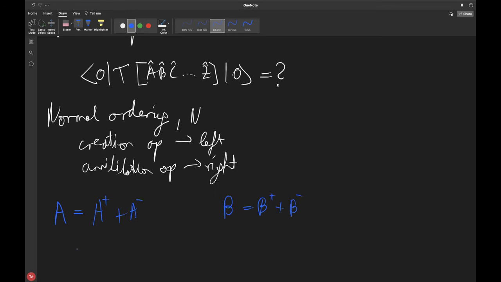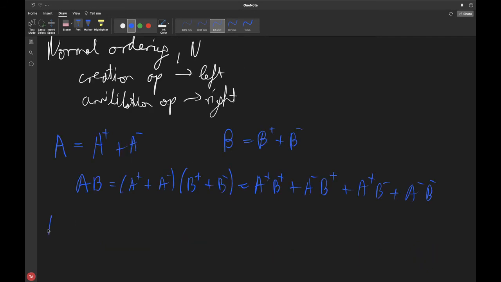So if I look at the product of these two, A times B is the same as A plus plus A minus multiplied with B plus plus B minus, which will lead to A plus B plus plus A minus B plus plus A plus B minus plus A minus B minus.